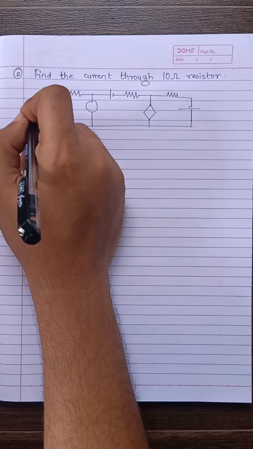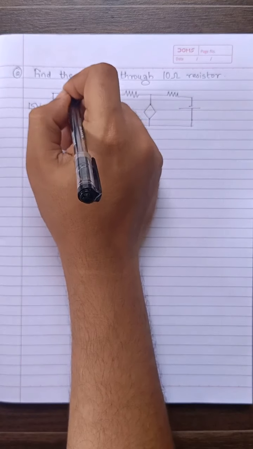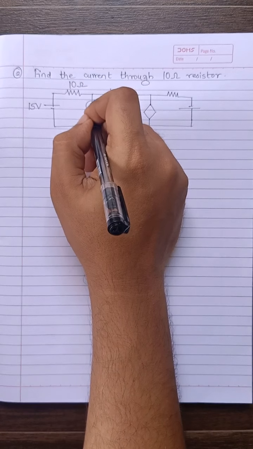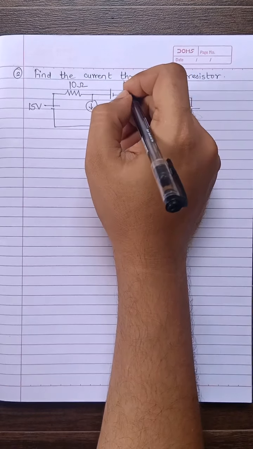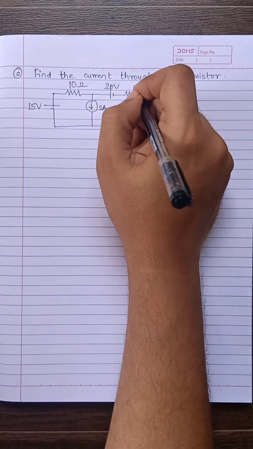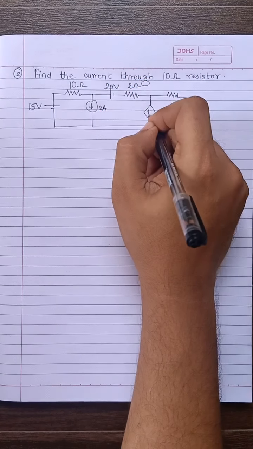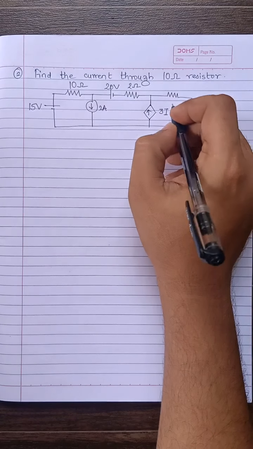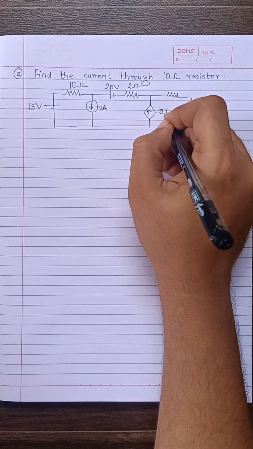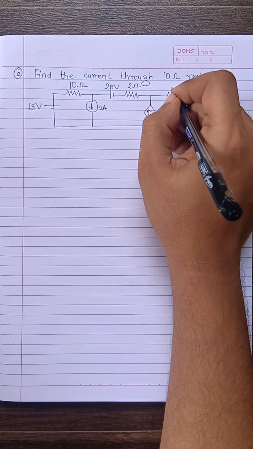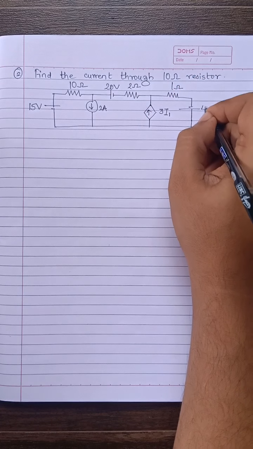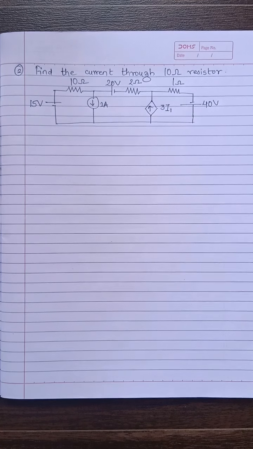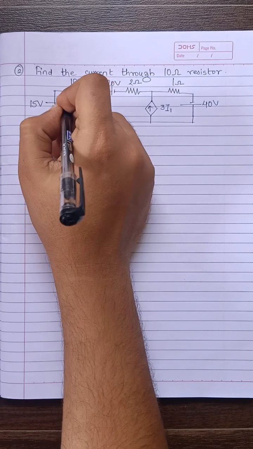This is given as 15 volts, 10 ohms, 2 amperes, 20 volts, 2 ohms, 3 times I1, 1 ohm and 40 volts, and I1 is given here.